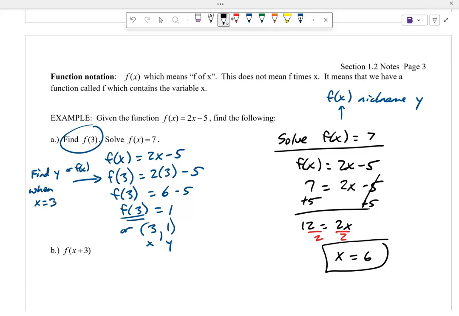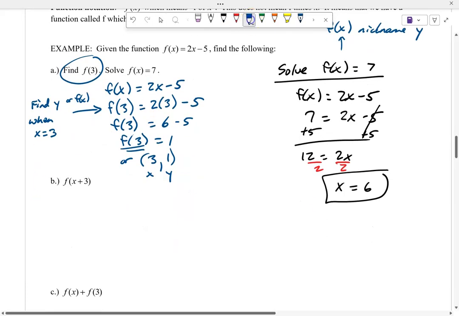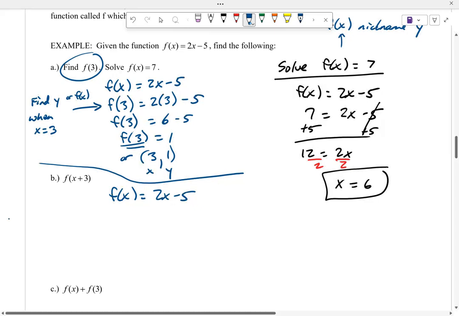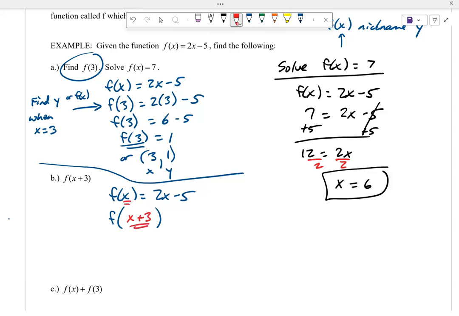Now some more function notation. So we have this f of x equals 2x minus 5. And this second part B here says find f of x plus 3. So this time x plus 3 is going in for x.